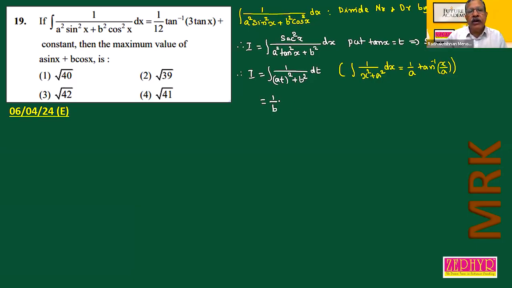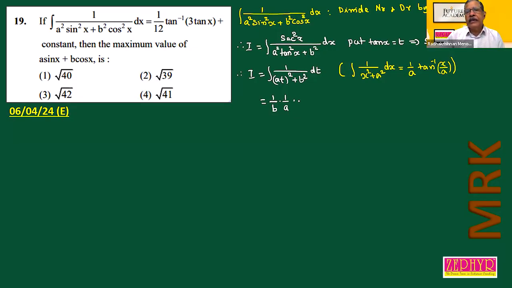So one more term you have to multiply by: 1 by coefficient of t, because x is replaced not by t but by at. So you have to divide by coefficient of t.